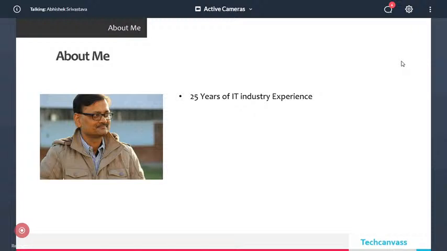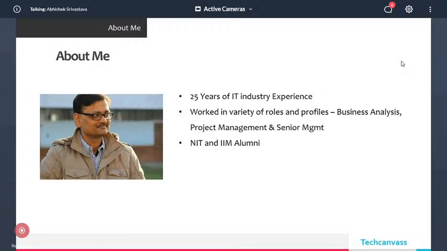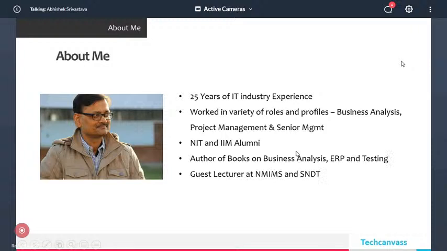I worked for several years in the IT industry in multiple roles, from developer to business analyst to project manager to very senior project management. Now I am more in the fields of business analysis, agile, and business analytics, and most of my time is spent on teaching as well as writing about business analysis.